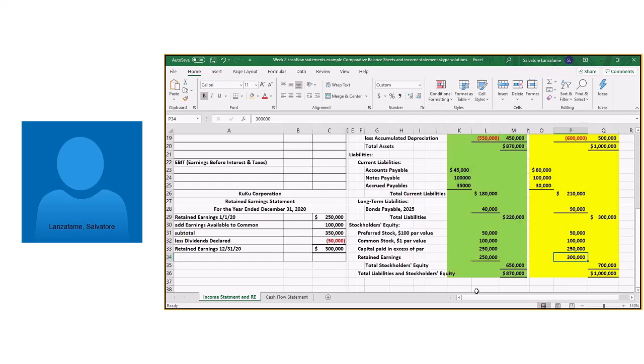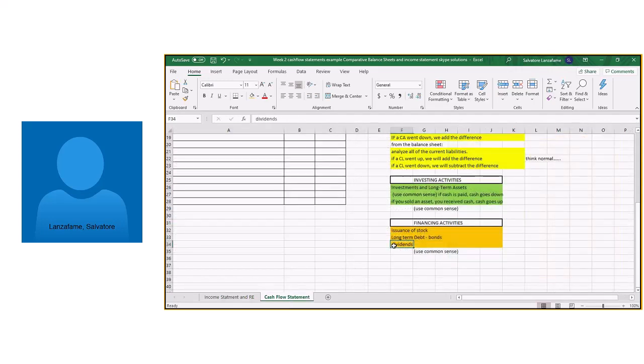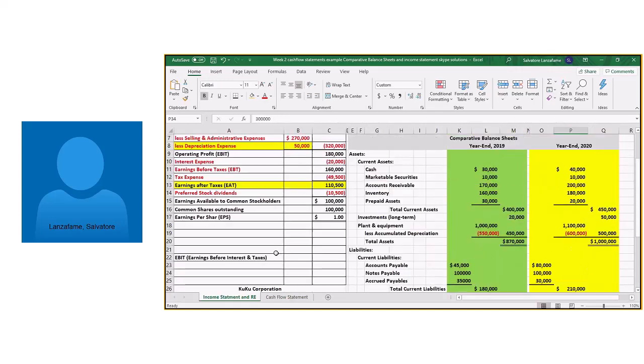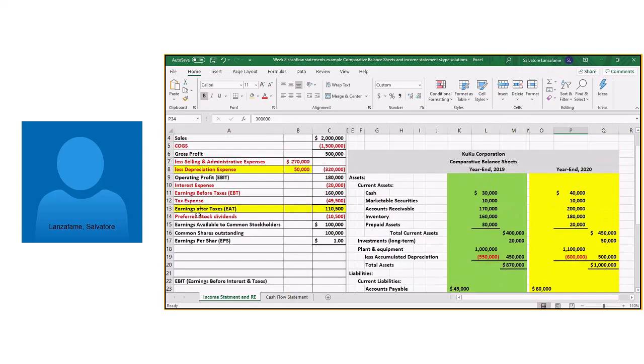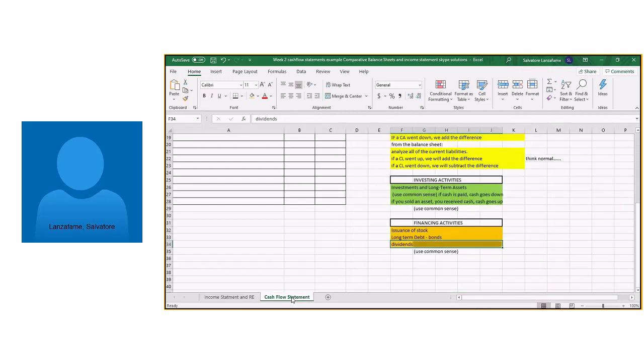All right. So this is where my income statement and my retained earnings statement can come into play here. And what I'm referring to is this last little information here, which is dividends. Were there any dividends? So if I look in the income statement, were there any dividends? I do see some dividends, 10.5. So if the company paid out dividends, that means the company lost cash, right?